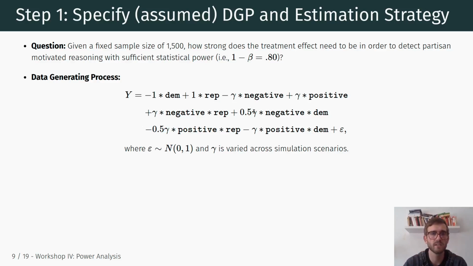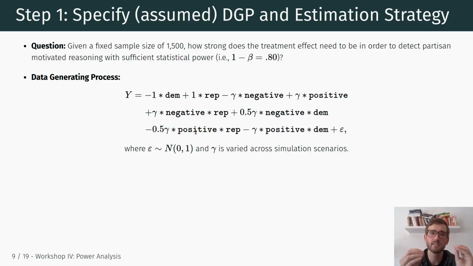So the question here is, to what extent is the effect of the negative treatment among Democrats stronger or less strong than among independents, and likewise for Republicans who receive the positive treatment as compared to independents. And we set this up with a 1/2 gamma as the interaction and negative 1/2 gamma.